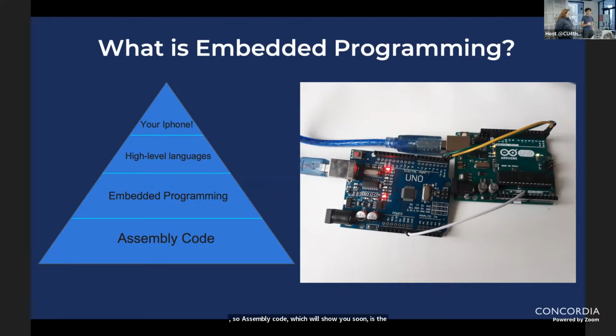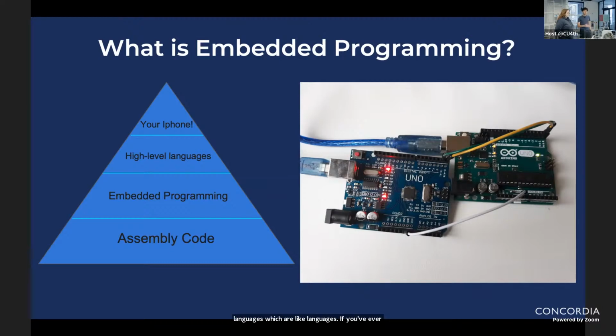Above that is embedded programming, which is what we do. Embedded programming is a little bit fancier, a little more readable for the eye, and it has the perfect balance between human readability and closeness to machine language. The layer above that is high-level languages, like Python or Java.